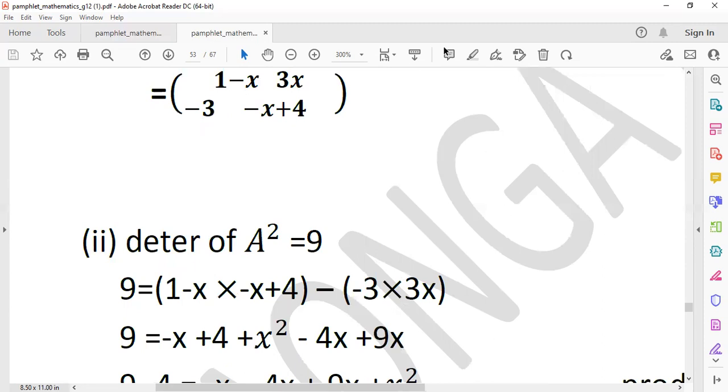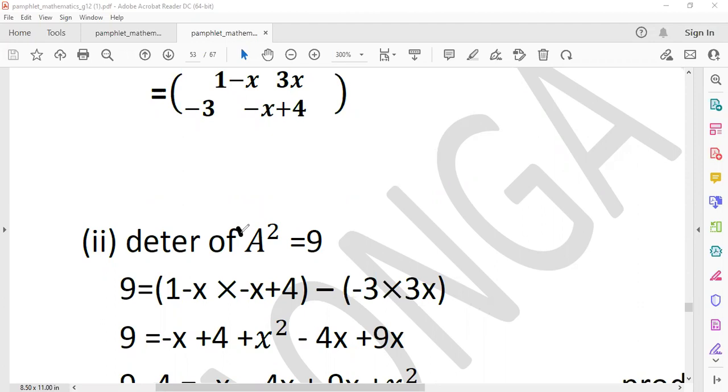So let's use our scruffy pencil again. If a squared is equal to 9, then what you do is square root.